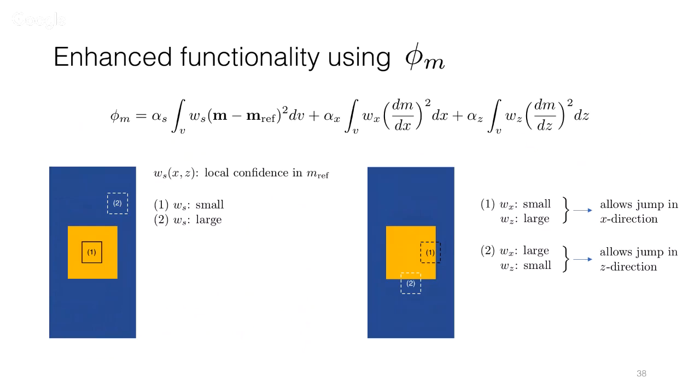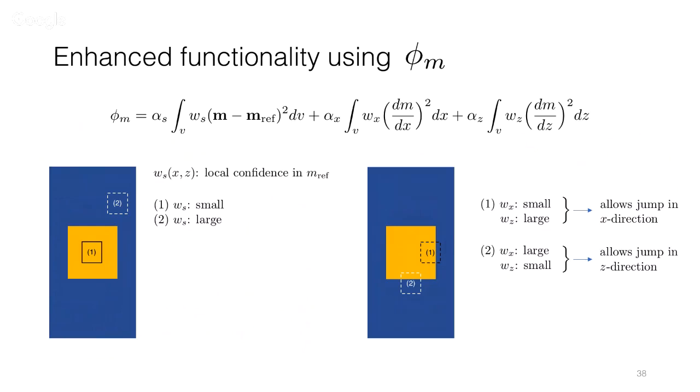At this point here, we want a solution that's actually close to blue. So we could have an internal weighting function here that could be very large. If WS is large, then it's going to try to make m very close to m ref.